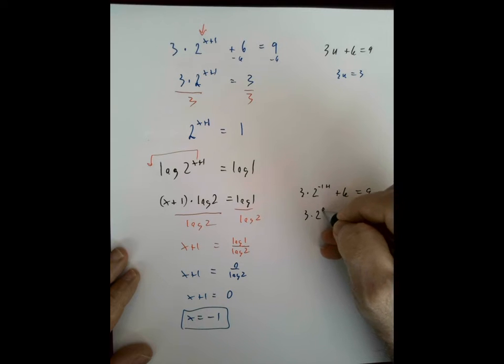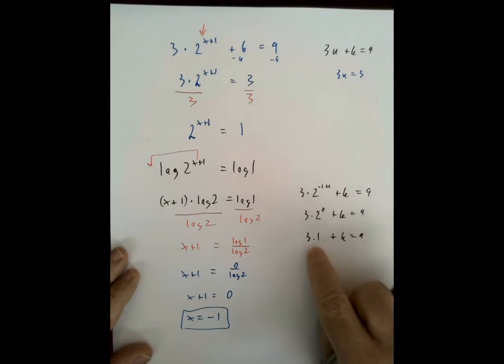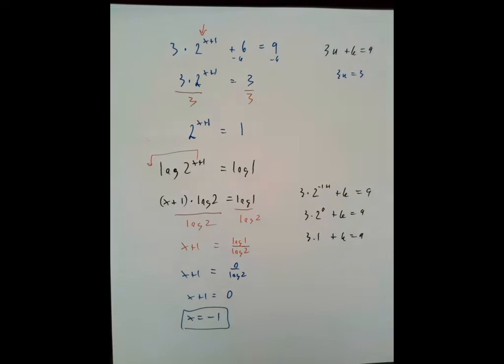So that's 3 times 2 to the 0 is equal to 9. 2 to the 0 is 1. That's 3 times 1, which is 3, plus 6. Oh yeah, that's equal to 9. So that all works out great. It's easier to see, when the answers come out to be nice even numbers, that this operation really does work.